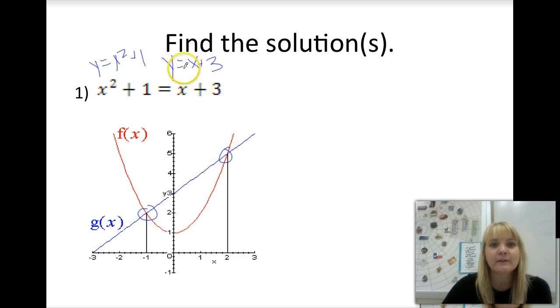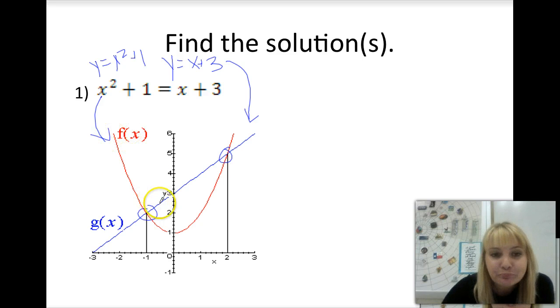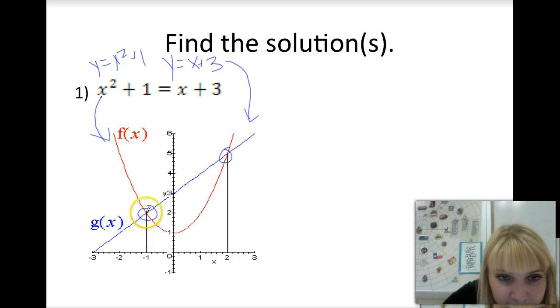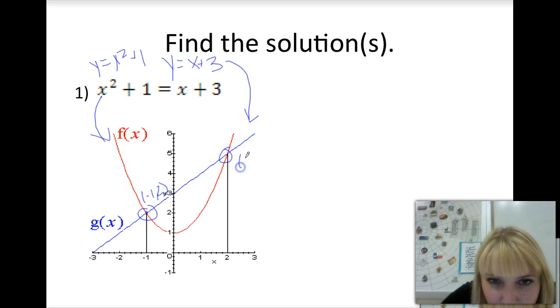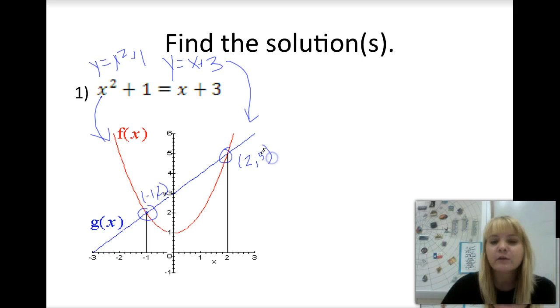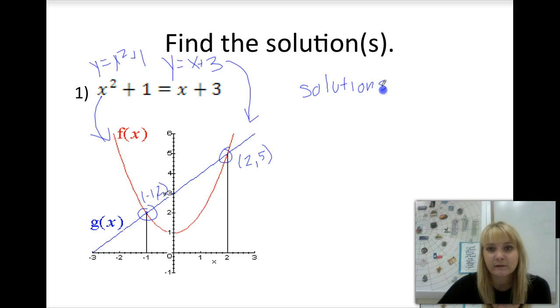The blue line is y equals x plus 3, and the red line is y equals x squared plus 1. The first intersection point is negative 1, 2, and then we have the ordered pair 2, 5. So our solutions are the x values: negative 1 and 2.